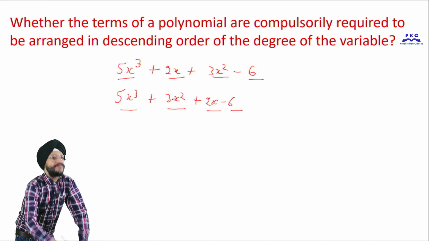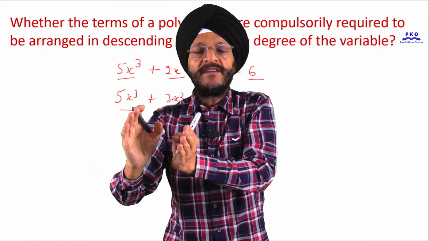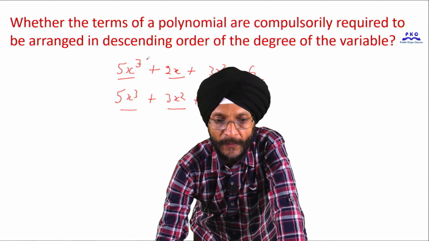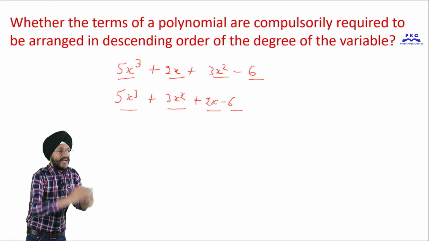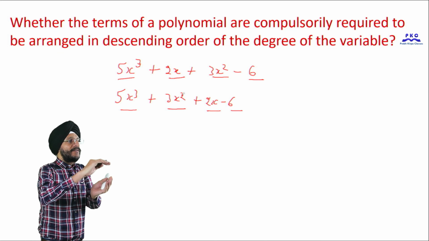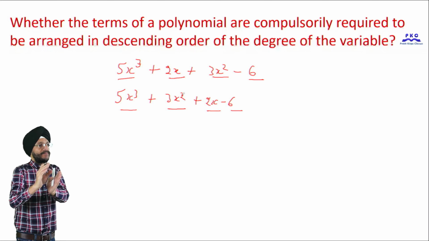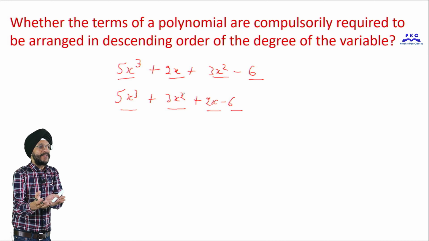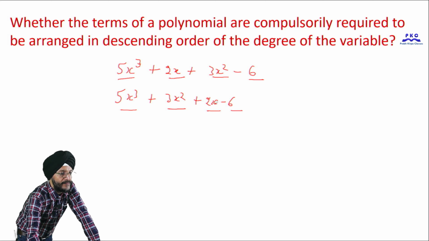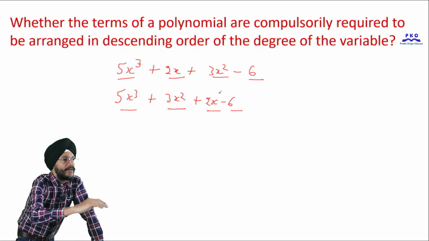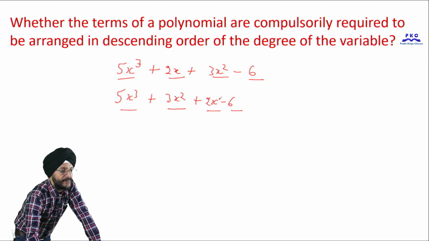From here you can see that 5x cube is to be followed by the x square term, and after that the term where the power is 1 should come, or it may not be there. It can also be possible that there is no term with power x1.